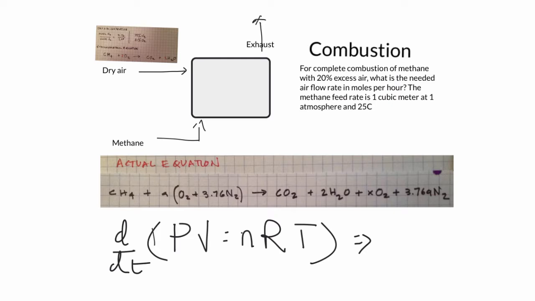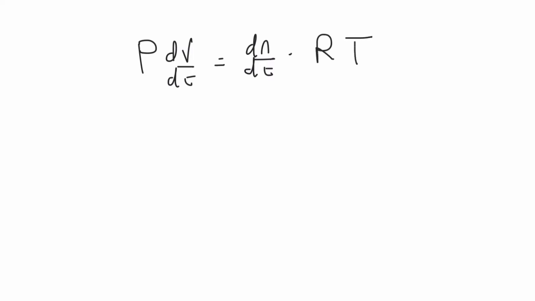P dV/dt is equal to dN/dt times RT. So the gas constant and the temperature are not changing, nor is the pressure changing, but we've got this volumetric flow rate, and we know that's related to the molar flow rate.